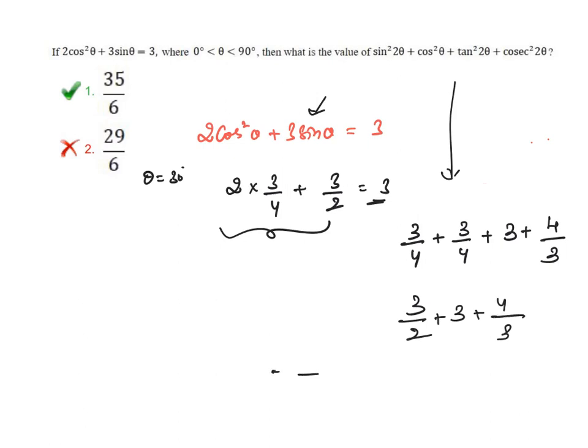Take the LCM as 6. 3 3s are 9, 3 6s are 18, 4 times 2 is 8, so 18 plus 8 plus 9 is 35 by 6. So answer is 35 by 6 here.